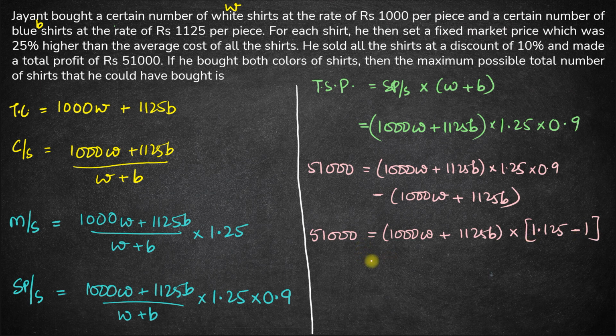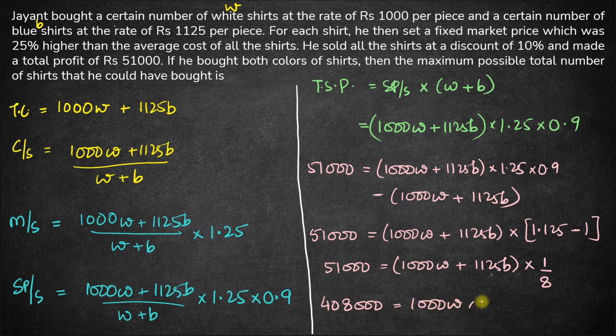So 51,000 is (1000 W plus 1125 B) into (1.125 minus 1), which is 0.125, and 0.125 we know is effectively 1 by 8. So 8 gets multiplied over here. We have 408,000 is 1000 W plus 1125 B. This is what we get. Now to solve this, I'll have to erase this part here.